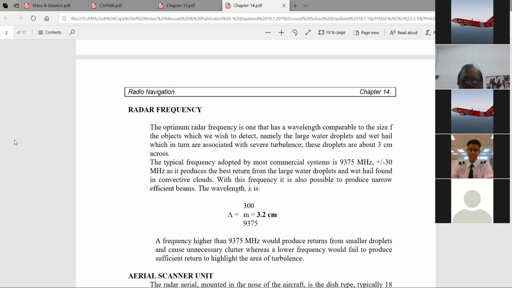As I said, the size of the water droplets starts from 1 millimeter and carries on up to 3.5 centimeters. So if you make the wavelength smaller, you will get returns from the smaller water droplets, and they will clutter up your screen unnecessarily because these water droplets are not, repeat, not turbulent, neither dangerous.